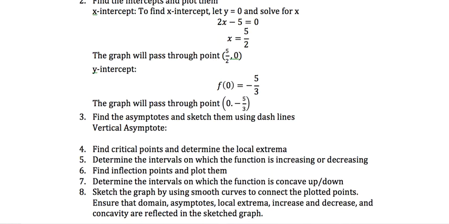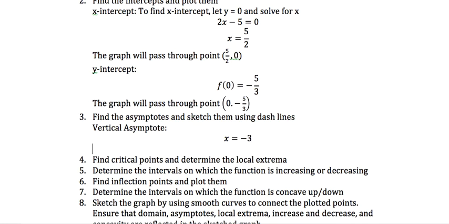Suppose a is not in the domain, then x = a in general is a vertical asymptote. In our case, it's simple since we found x = -3 is not in the domain. So x = -3 is the vertical asymptote. You can also check this way: when x approaches -3, the function value approaches infinity. That's why x = -3 is a vertical asymptote.